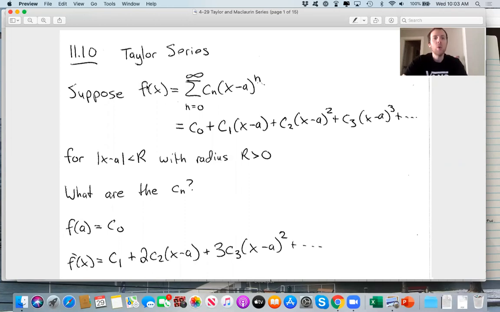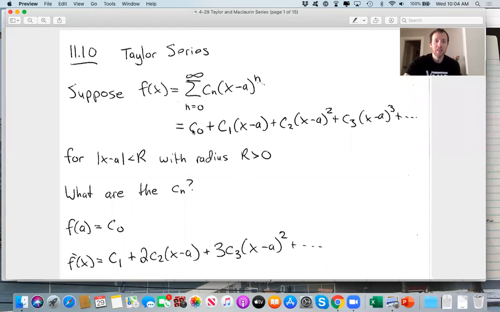But suppose that we know our function can be represented by a series on some interval with radius r. What are these coefficients? So for a power series centered at a, this is what it looks like, this infinite polynomial where in general we have x minus a raised to these powers, not just x's. And we can actually figure out what these constants look like based on the function.